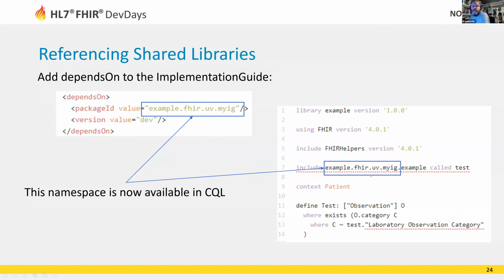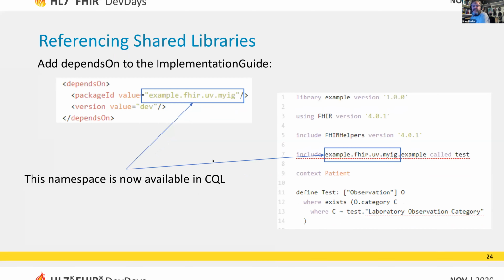So the sample content IG is actually referencing an example library from the sample IG. Sample IG has this example library, sample content IG references that example, and now we can use CQL content from libraries shared from dependent IGs. I think that's pretty cool.